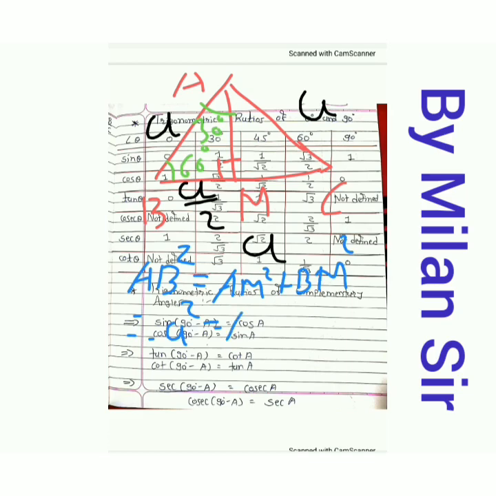AM I want to find, so AM square as it is. BM is a by 2, so BM square is a square by 4. Then transfer this a square by 4 to the left hand side.